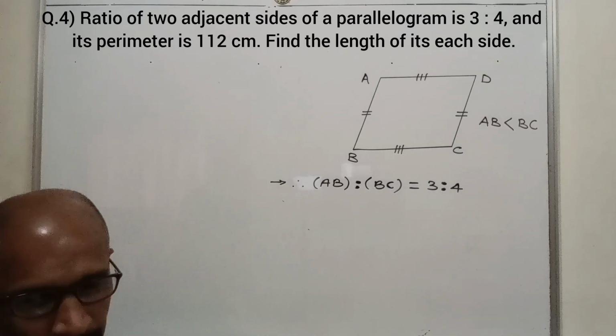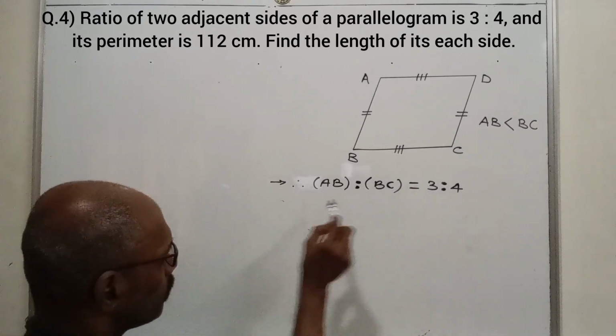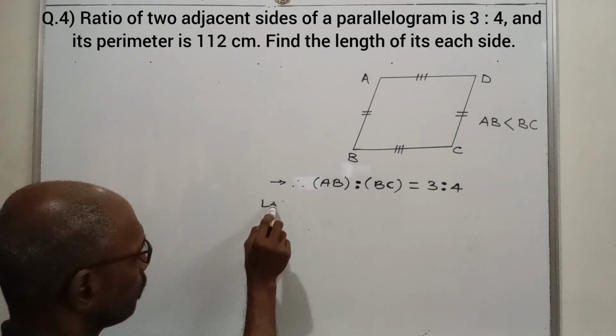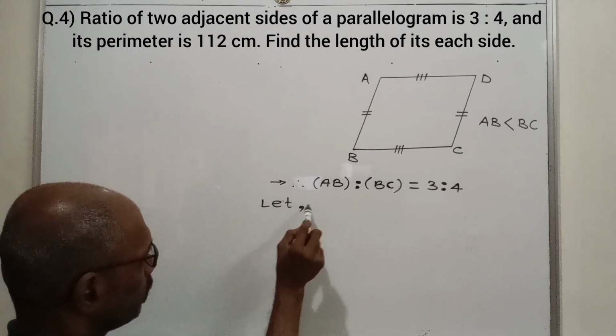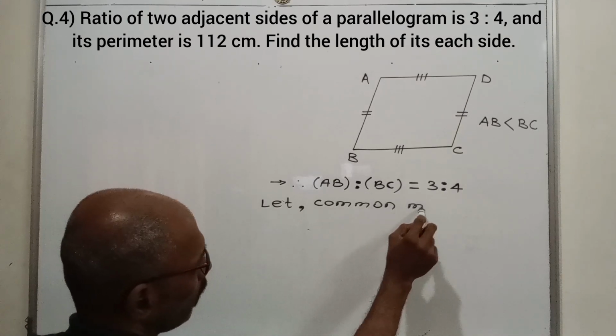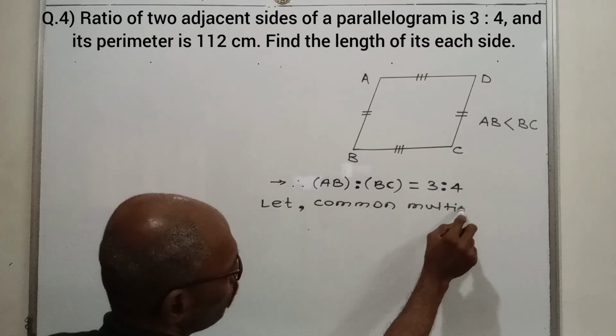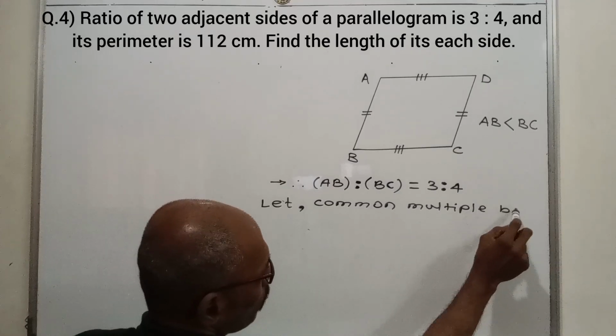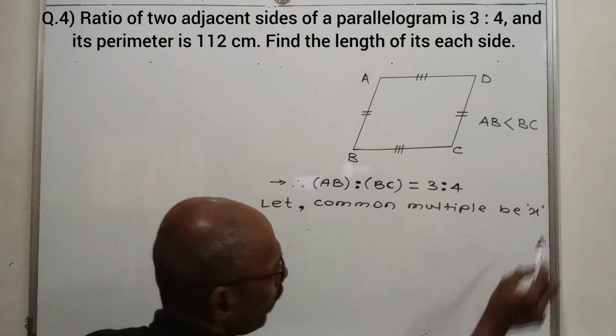This is given. When a ratio is given, then we write let the common multiple be x.